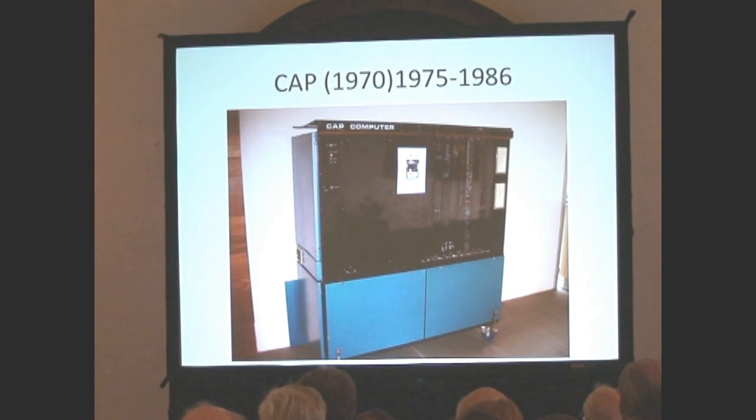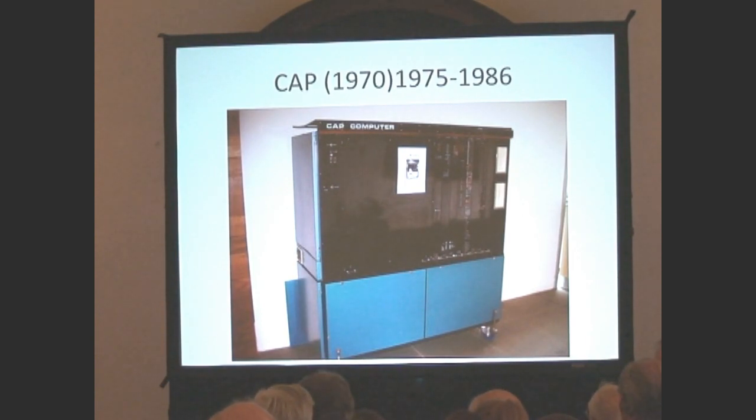When I gave the blurb for the talk that Rachel graciously just read a moment ago, I described CAP as the last computer that Cambridge built. And then as I started to write the presentation, it's always dangerous to write the presentation after you've written the abstract, because you're a bit constrained by what you've promised to say.